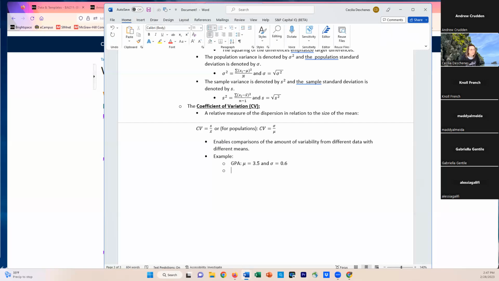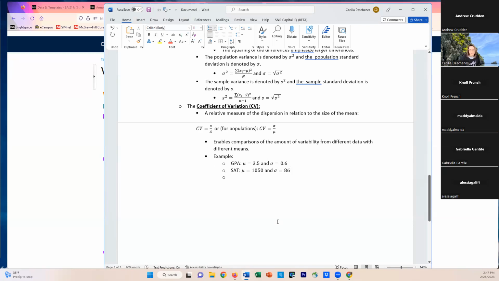And then we want to compare that with their SAT scores. And let's say the average SAT score of the entering freshmen is 1050, and their standard deviation was 86.